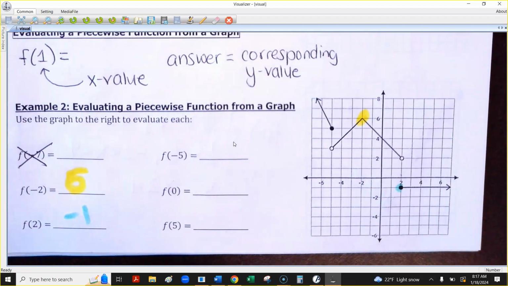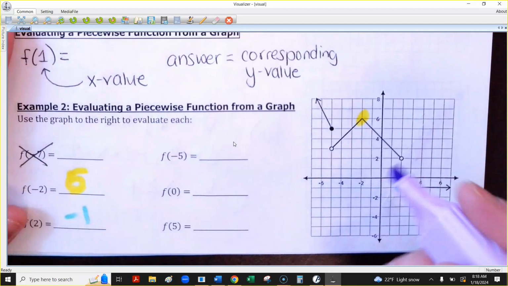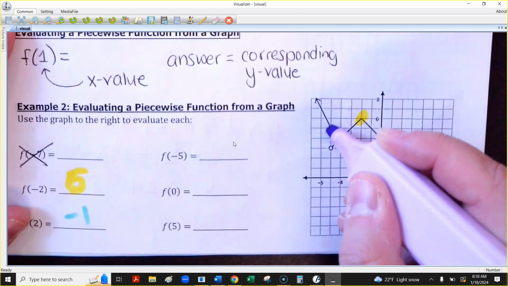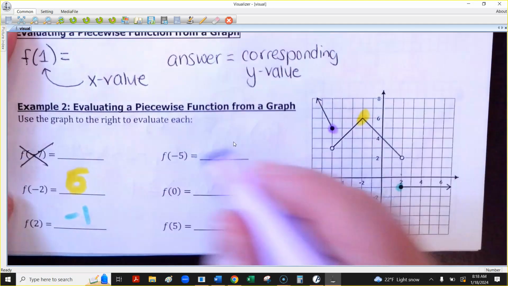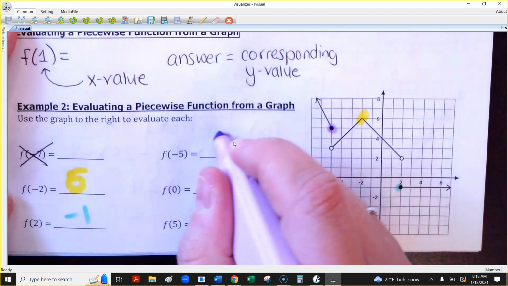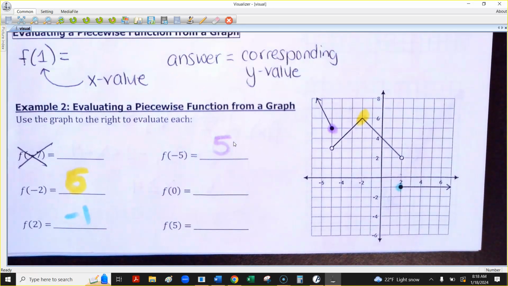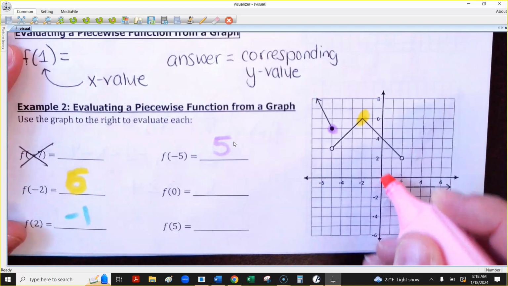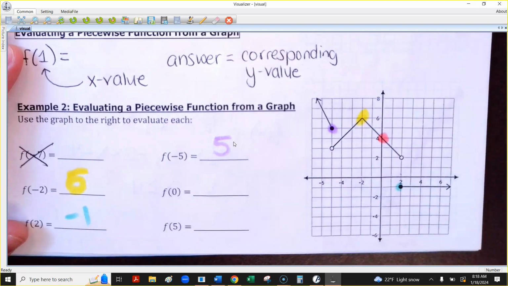Now if I go to -5, I'd have 2 choices. So you go with the filled in circle if you have 2 choices. That should be at 5. If I go to 0, so just right at the origin, to meet the graph, I'm going to have to go up to meet the graph, and that would have the point 0,4.